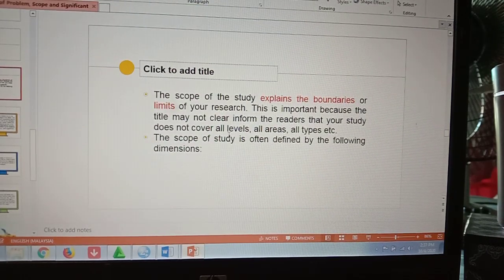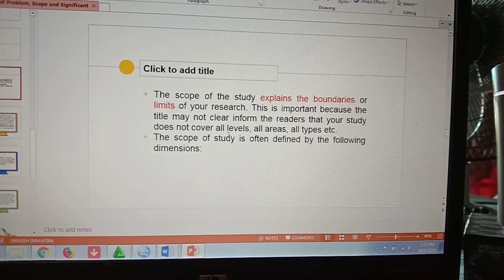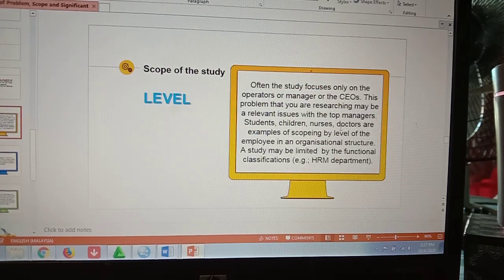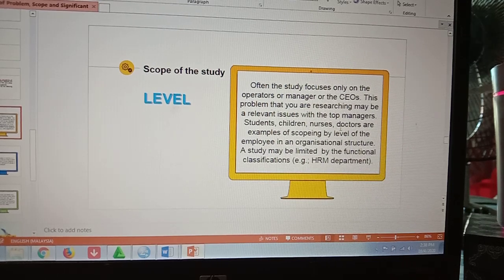Okay, the scope of study will cover three dimensions. First, level. Often the study focuses on operators, managers or CEOs. The problem that you are researching may be relevant to issues with top managers. Level means that you narrow down your sample.